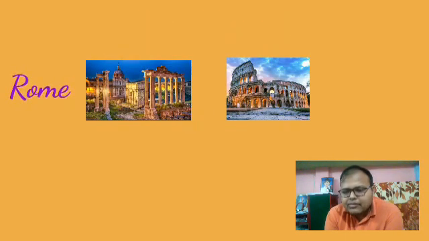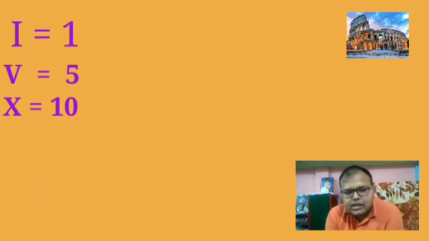They have their own set of symbols to represent the numbers, like they use I to represent 1, they use V to represent 5, they use X. All the letters actually are capital, so they use capital letter X to represent 10. They use capital letter L to represent 50. Also, they use capital letter C to represent 100.